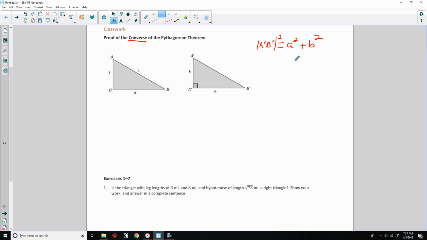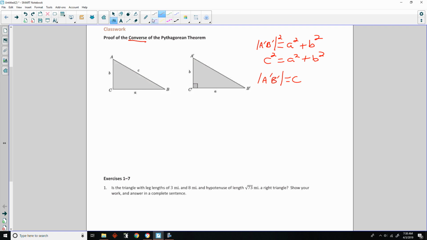And since we're given by the Pythagorean theorem, c squared equals a squared plus b squared, then we can use substitution and replace this A prime B prime squared with c squared. And since we have that, then we can conclude that A prime B prime must equal c. So if the length of A prime B prime squared equals c squared, then A prime B prime must equal c.